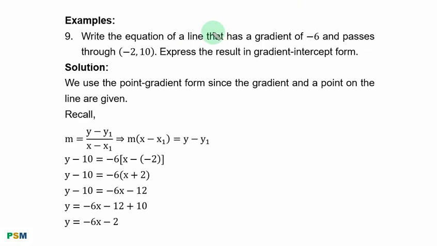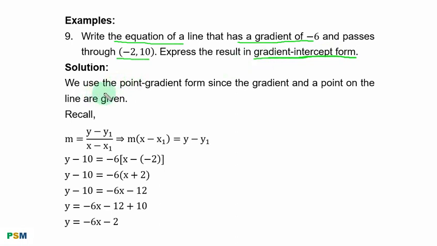Example number 9. Write the equation of a line that has a gradient of minus 6 and passes through the point (minus 2, 10). Express the result in gradient intercept form. This form is y equals mx plus c.